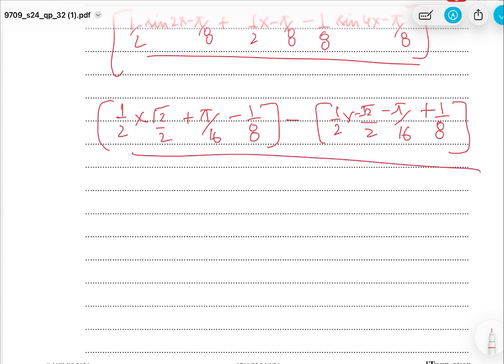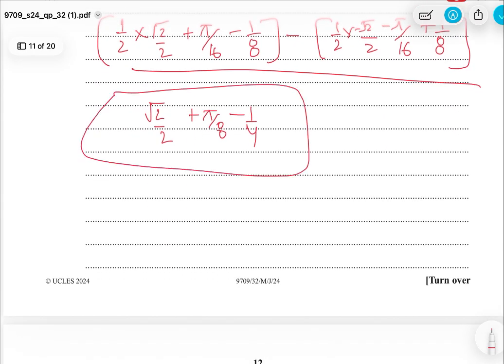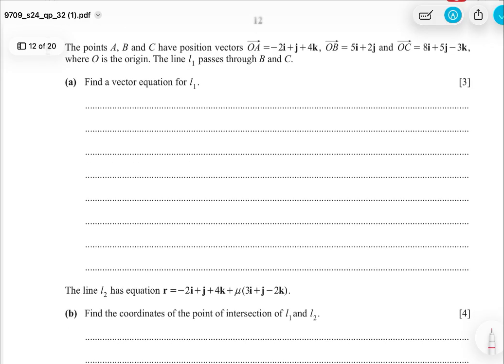Subtract them. You will get your final answer as √2/2 + π/8 − 1/4, learners. Very good. Let us move on to the next question now.